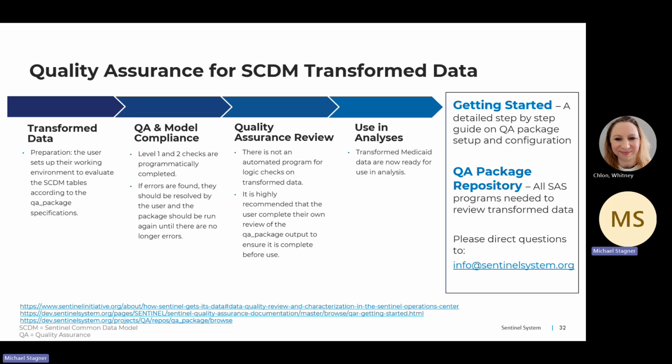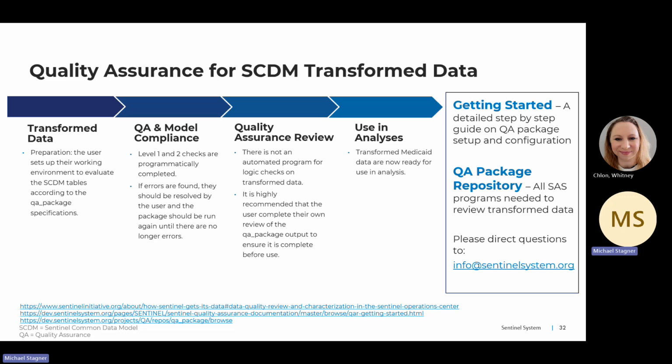The typical workflow for creating and maintaining SCDM transformed data is the user setting up the environments according to the QA package specifications. The QA package is downloaded from the public repository, and then the user should complete their own comparison to prior runs of the package to ensure data is not changing drastically over time.